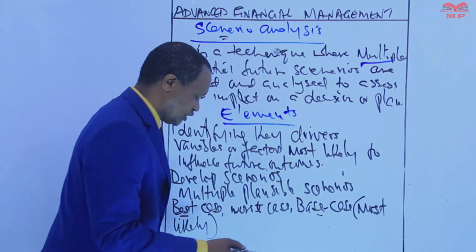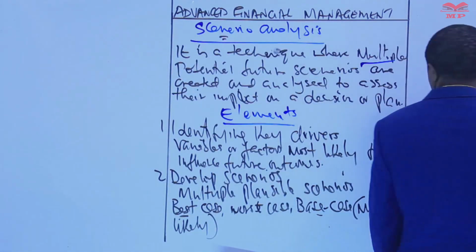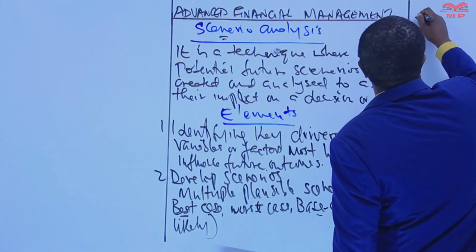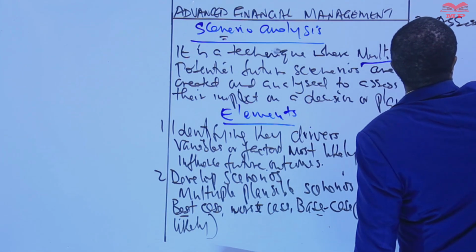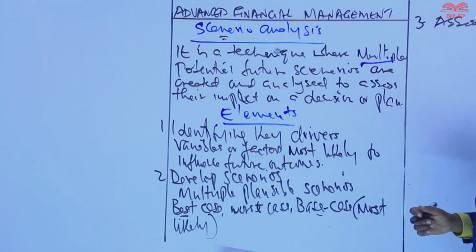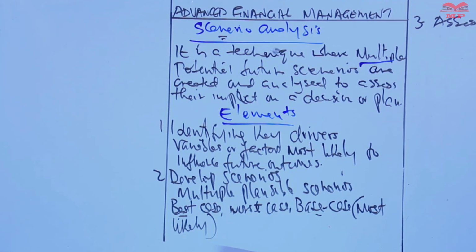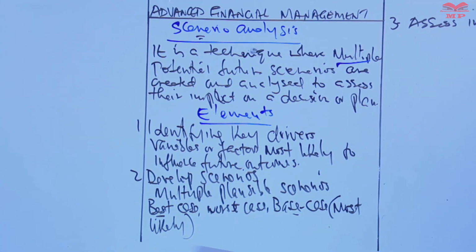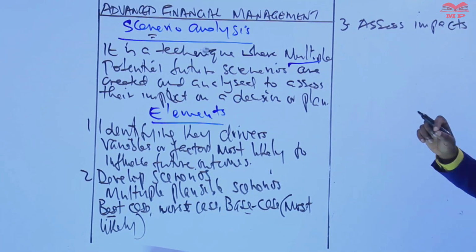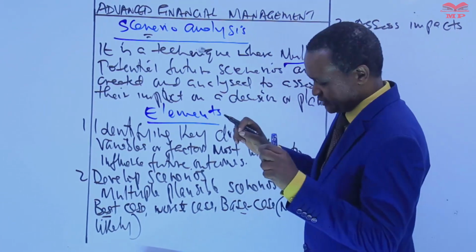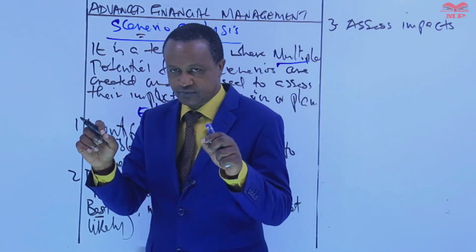Then next is to assess impacts. Number three, assess impacts. The third stage is assessing the potential impact of each scenario on the decision plan. All right?